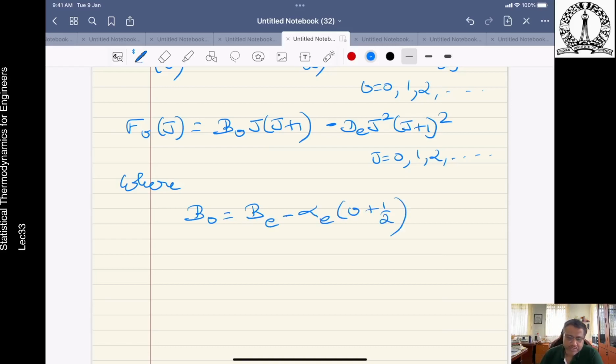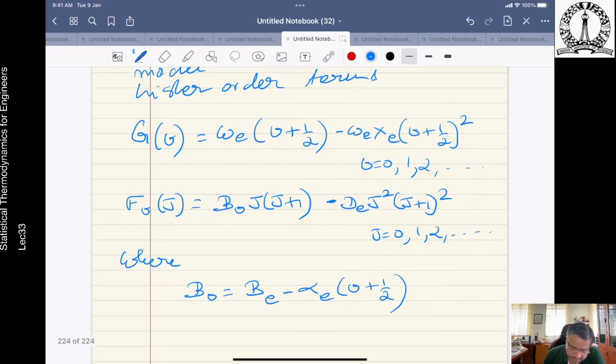These are the two expressions that we get.